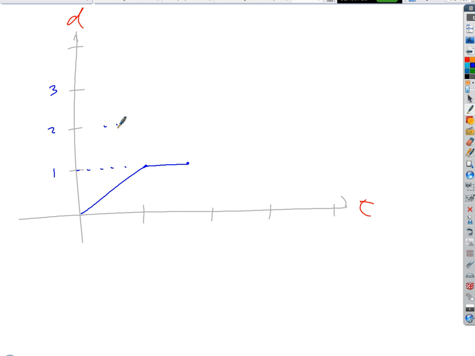So now I go up to this position, more slowly, so that means something like that. And then the last one, we go up to this position over a shorter period of time, so that one's more like that. See what I'm saying?